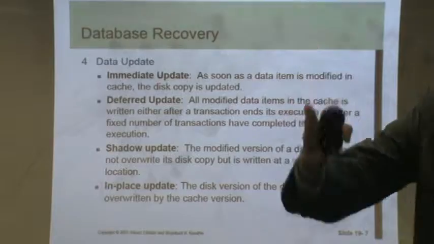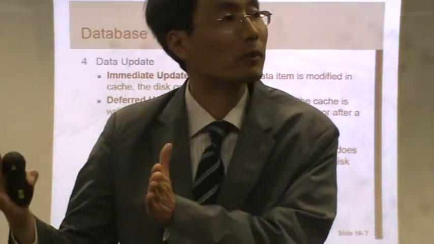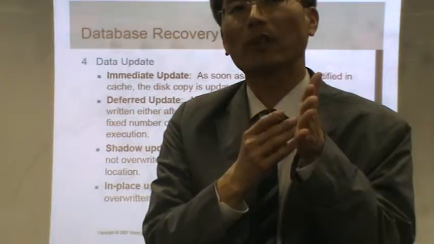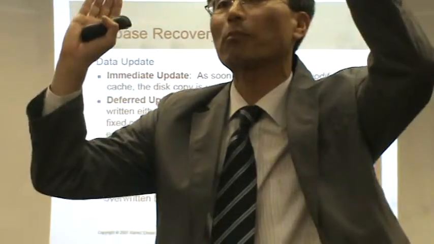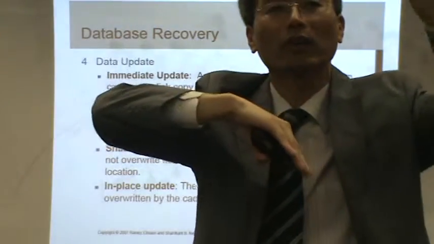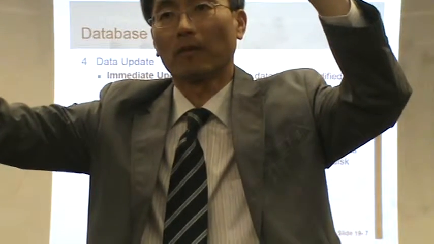So you have exactly a copy of the database. Then once the data is updated, there might be primary and secondary, but you are not going to update the primary right away. Instead, the secondary. Why?